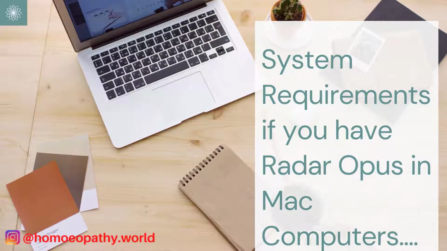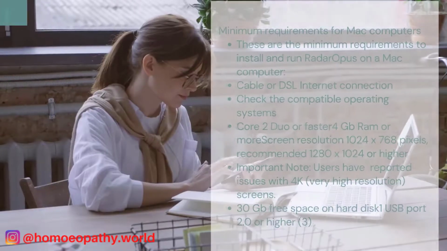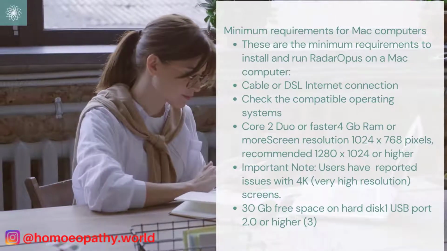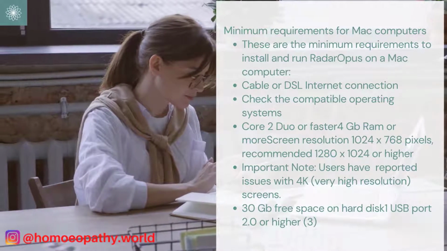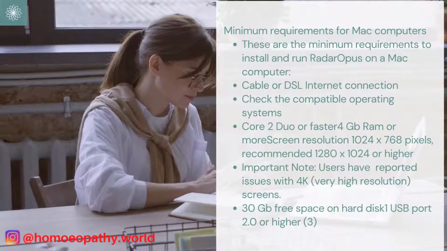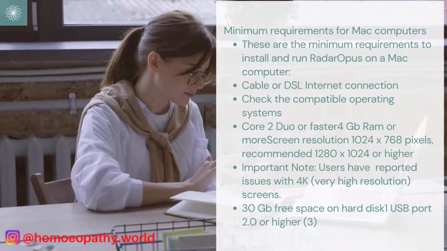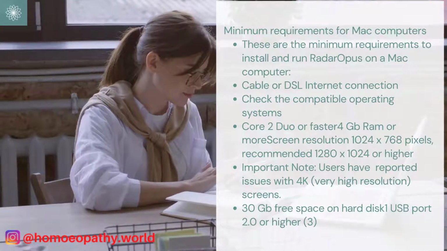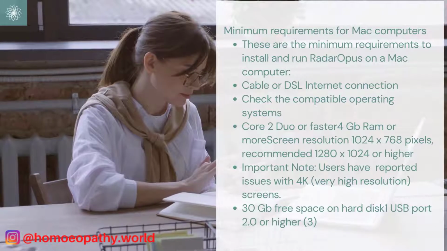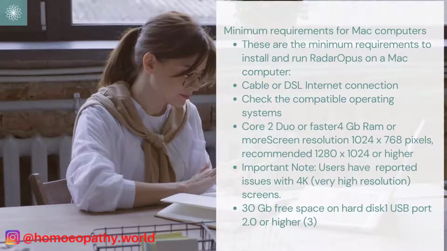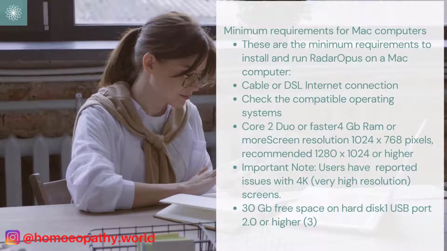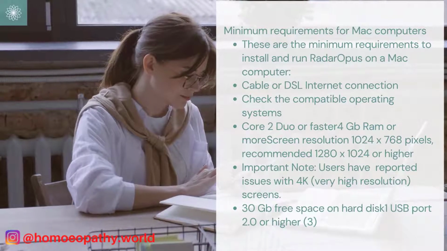Now let us see the minimum requirements of RADAROPUS for Mac computers. The minimum requirement for RADAROPUS for Mac computers is cable or DSL internet connection, compatibility with the operating systems which we have given in the list in the initial part of our video, Core 2 Duo or faster, 4 GB RAM or more, screen resolution should be 1024 x 768 pixels and recommended is 1280 x 1024 or higher.